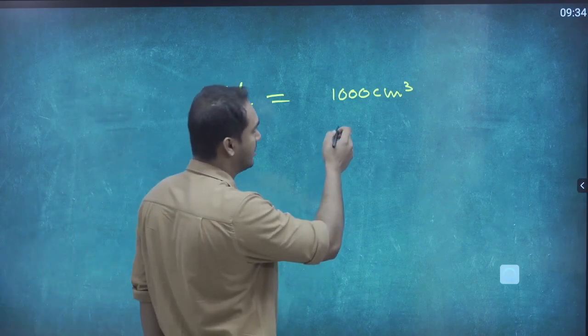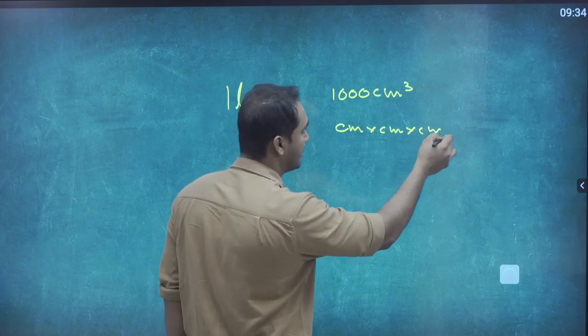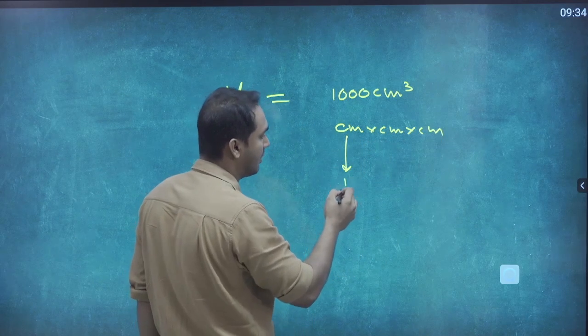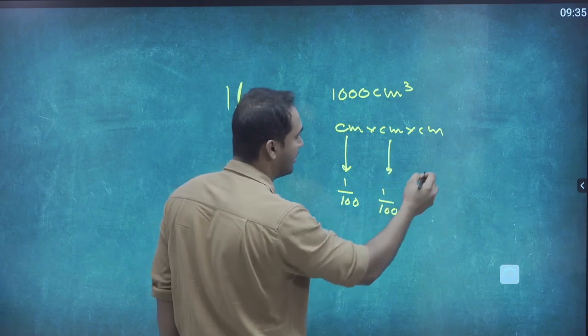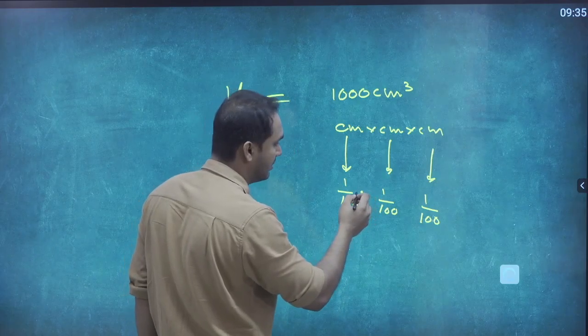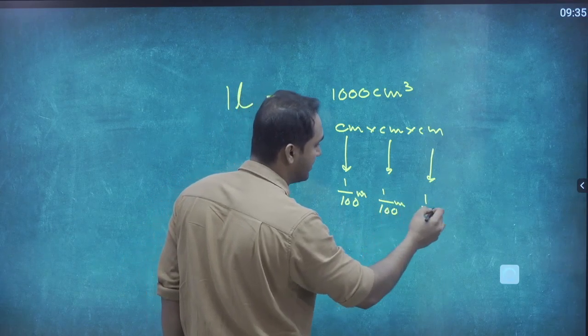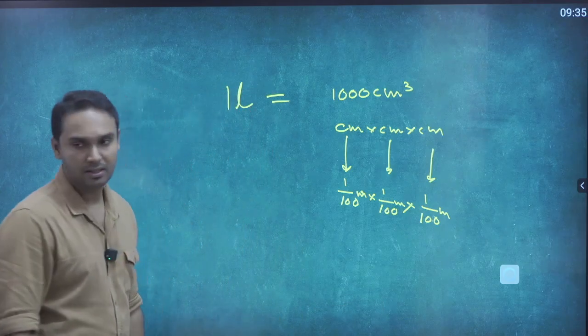A cubic centimeter is centimeter times centimeter times centimeter, so you convert each: 1 over 100, 1 over 100, 1 over 100. So this becomes meter, meter and meter, and multiplying them together you get the cubic meter.